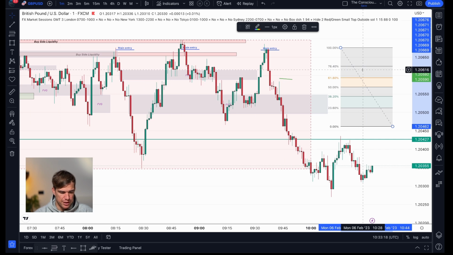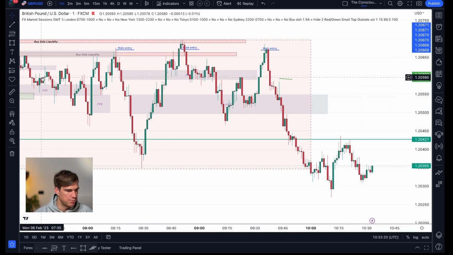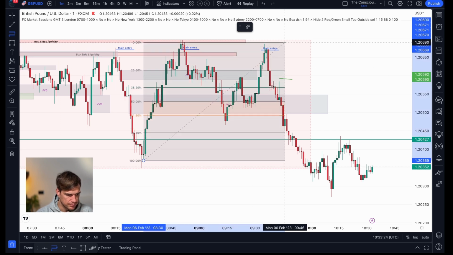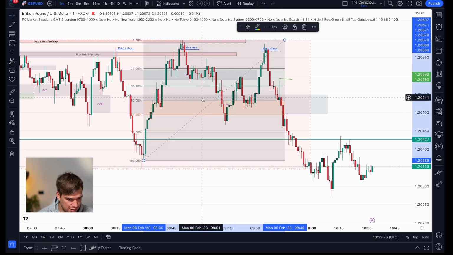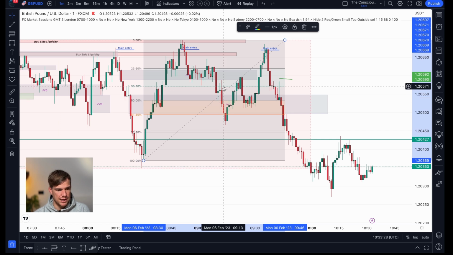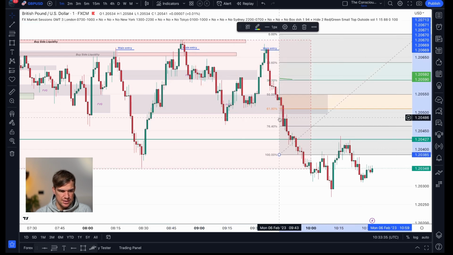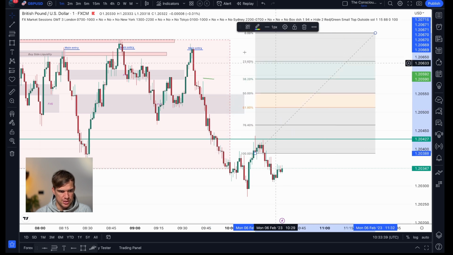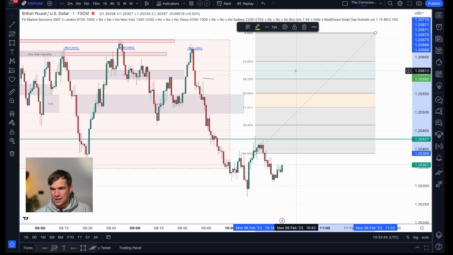If we throw this fib on any sort of big move, you will see, let's take this one. You see how it touched the 50%, came back up, touched the 61%, and then went off. So that's why I've labeled these like this, and I've put the 23 because if it closes below the 23, there's higher chance that it will go to the 50, and that gives me sort of like a green color to go down.